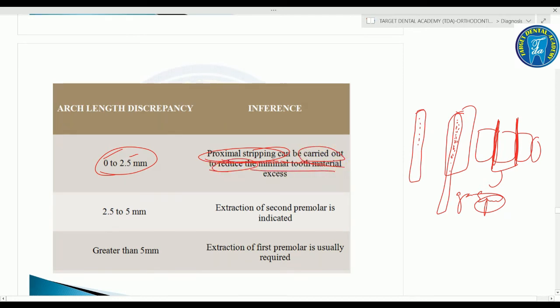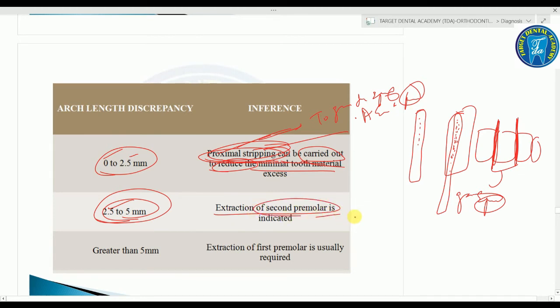In those cases you will perform the proximal stripping, in which you cannot afford extracting a premolar or any tooth. So in that case, you can go for proximal stripping to gain the space. Fine. If the measurement lies from 2.5 to 5 mm, then you can extract the second premolar.